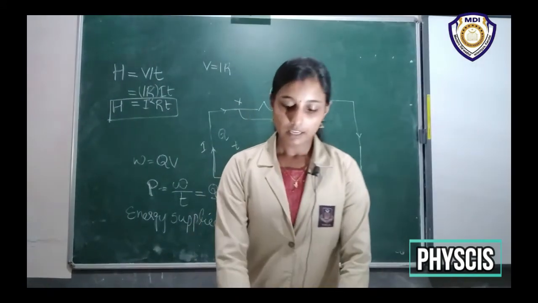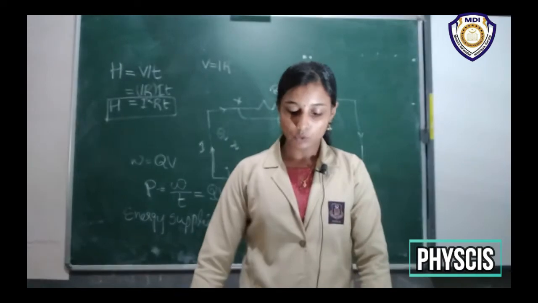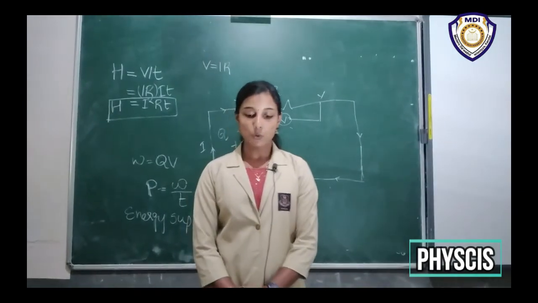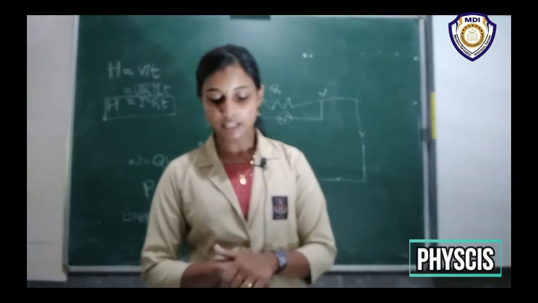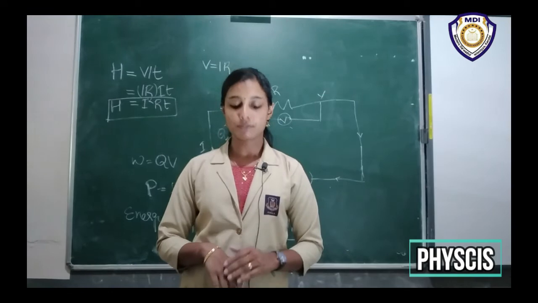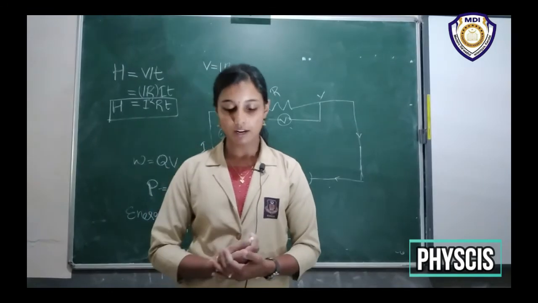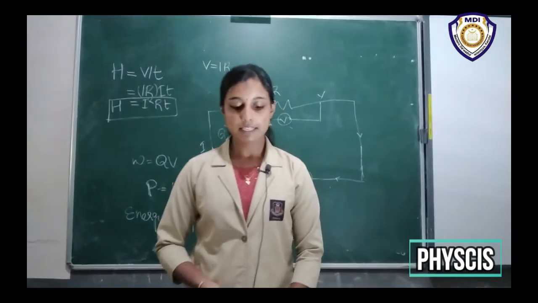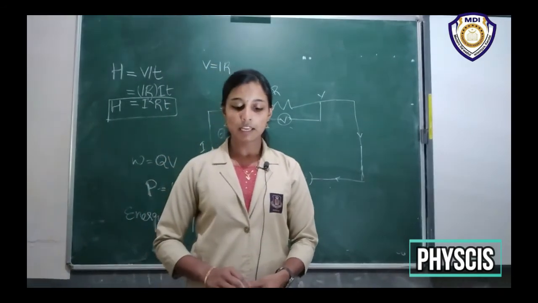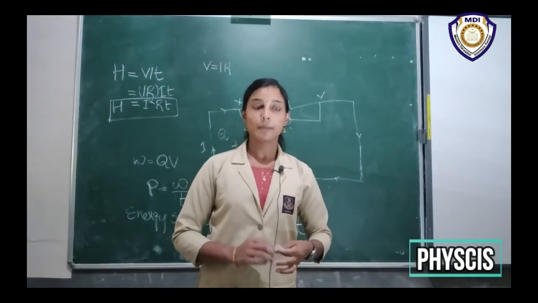And example 12.10, look into the example 12.10. An electric iron consumes energy at a rate of 840 watt when heating is at the maximum rate, and 360 watt when the heating is at the minimum.